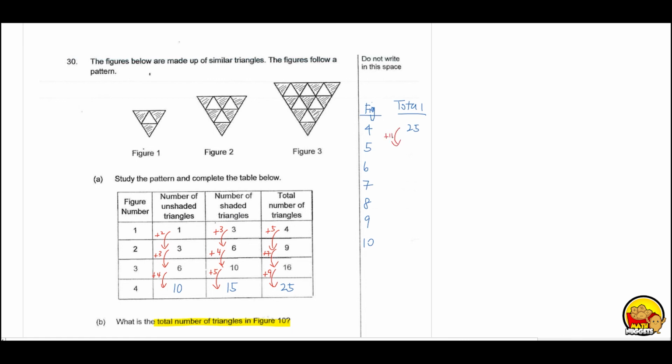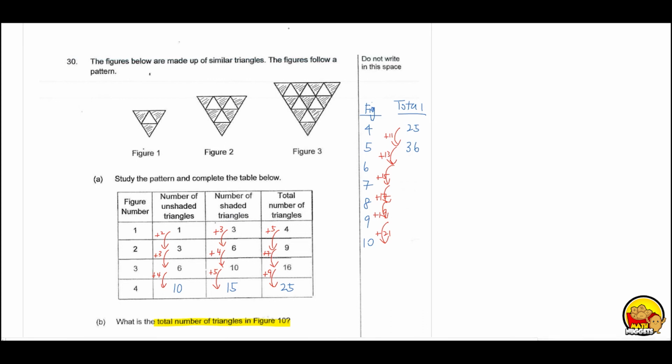This one is plus 11. Next one is plus 13. Next one is plus 15. Next one is plus 17. Next is plus 19. And the next is plus 21. If you keep doing this and fill up the table, figure 5 total will be 36.